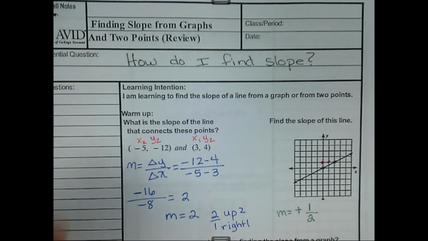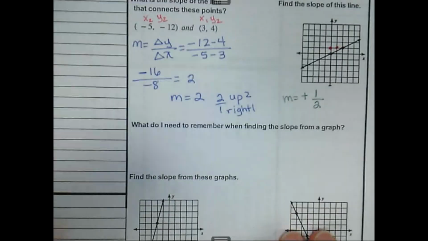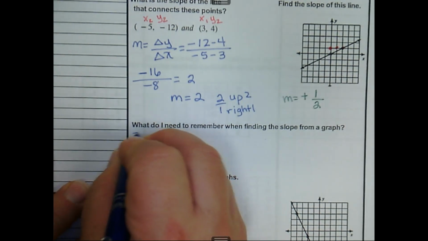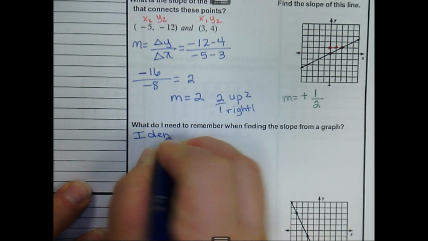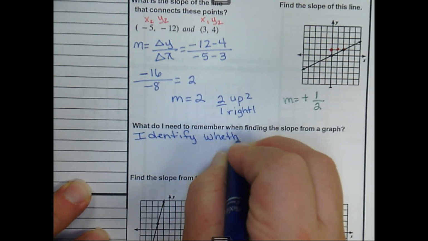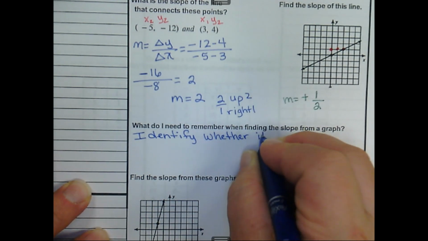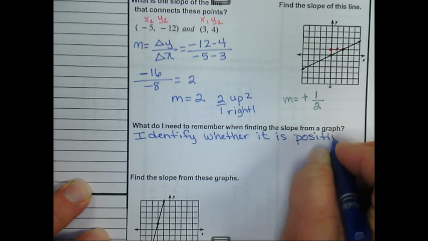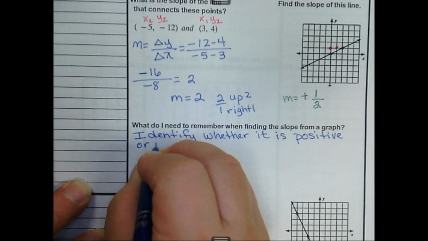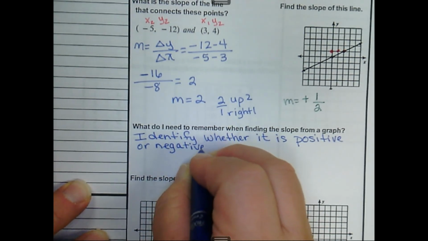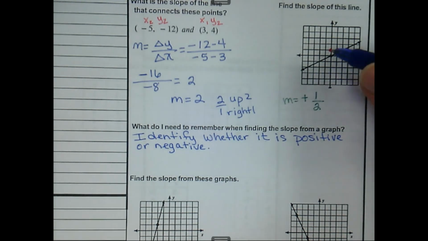Okay, so what do I need to remember when finding the slope from a graph? First thing we did was identify whether it's positive or negative slope. And then next, you created that right triangle.